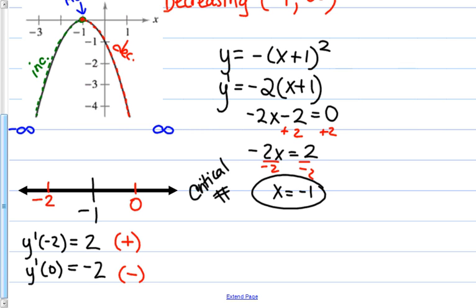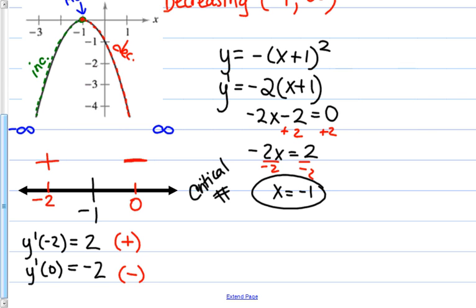So I go to my sign chart, and for -2, when I plugged it in, I got a positive. So for everything to the left of -1, the derivative is plus, and plus converts to increasing. And then for everything to the right of -1, because when I plugged in 0, I got a -2, everything to the right is going to be negative, or decreasing. So here's my sign chart.